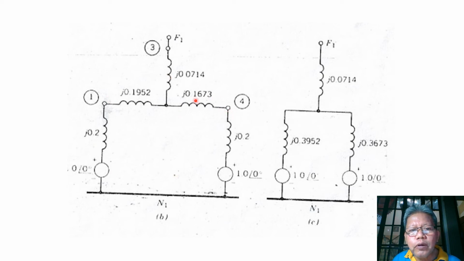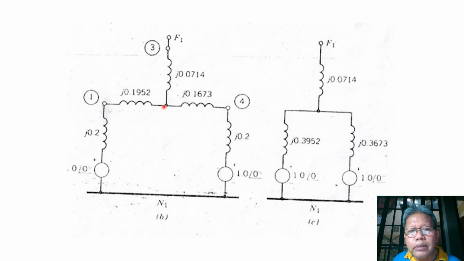So this is the equivalent Y after solving. From this, we can see that this reactance of generator 1 will now be in series with this reactance connected to bus 1, and also this reactance of generator 2 would be in series now with this reactance.